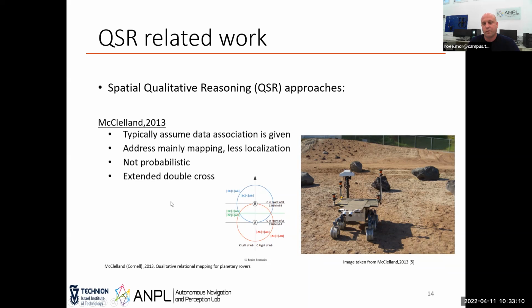They did work for the Mars rovers, and then they made a qualitative SLAM framework, but they mainly used mapping and not localization. Also their work is not probabilistic. It's just a feasibility test of whether a specific qualitative state is possible or not possible.